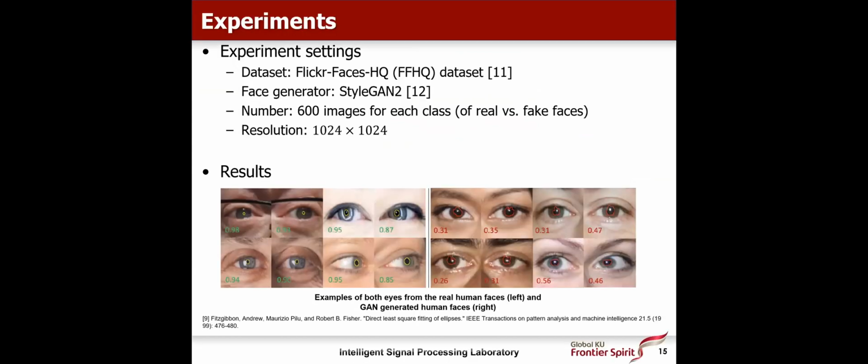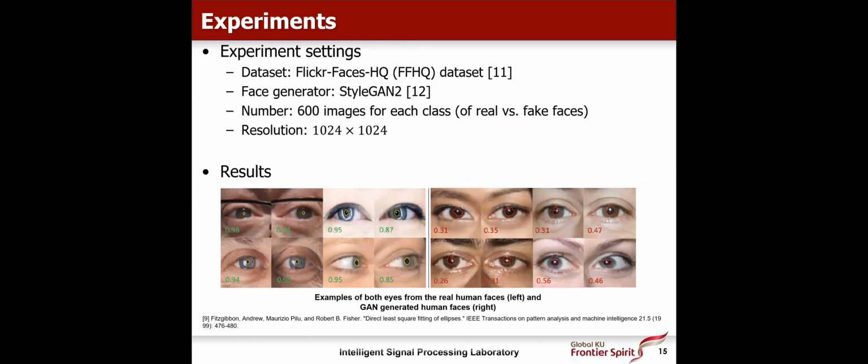In the experiments, we use the FFHQ dataset, and then we select 600 images from each class, from the real faces and the fake faces, and then we use StyleGAN to generate the fake faces.